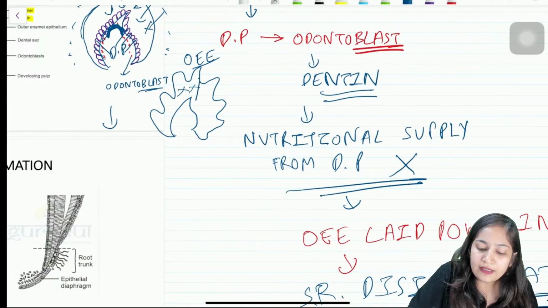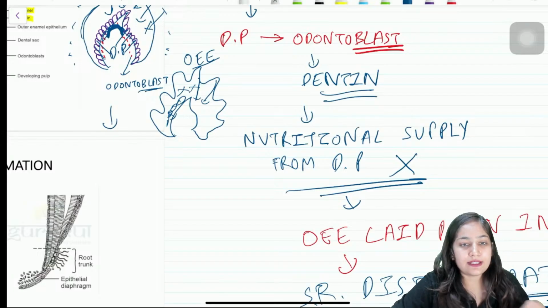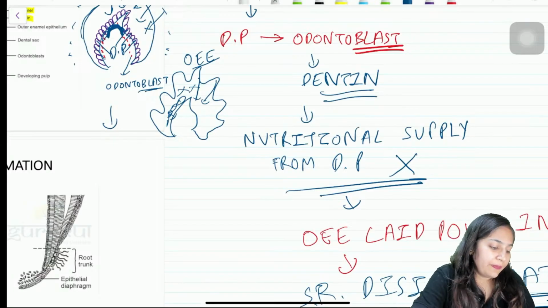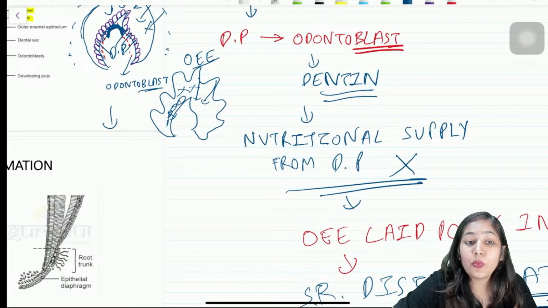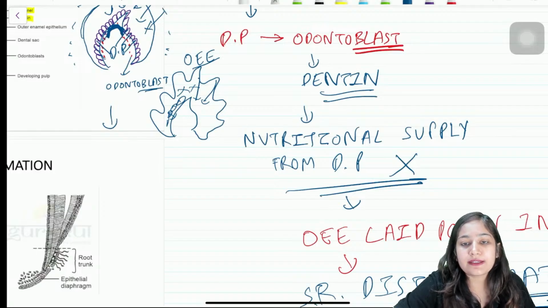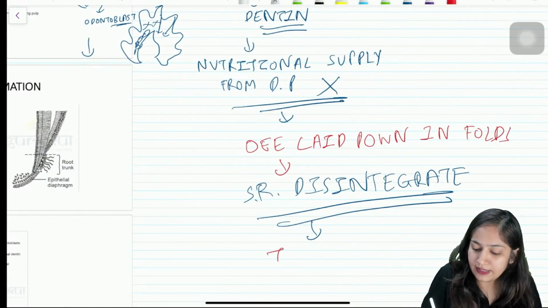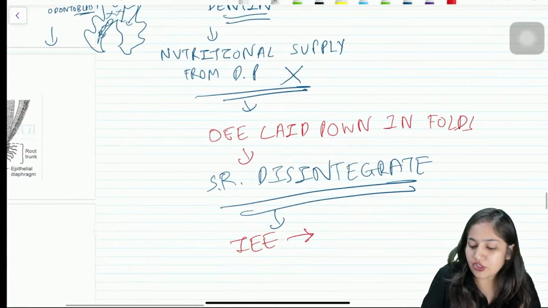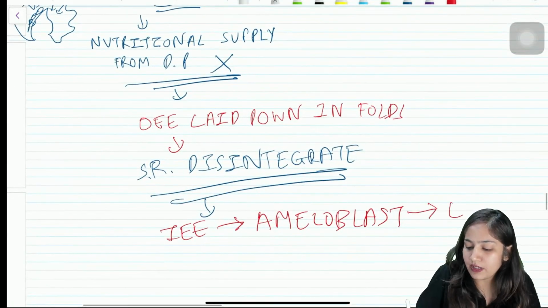So directly what will happen? Nourishment will come to stratum intermedium and it will provide to inner enamel epithelial cells. Right? And then what will happen next? Inner enamel epithelial cells will differentiate into ameloblast cells and they will start forming enamel.